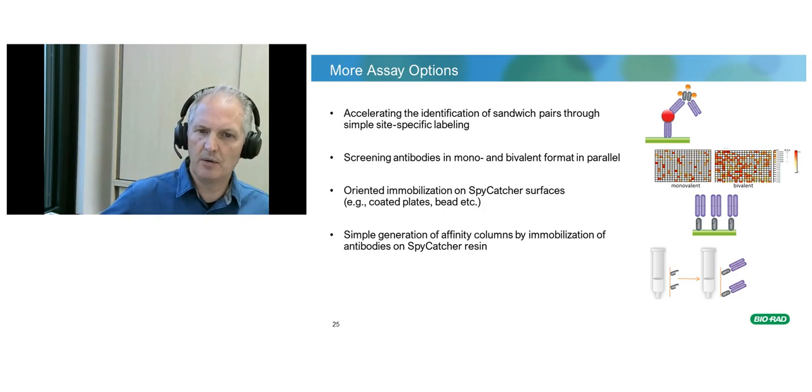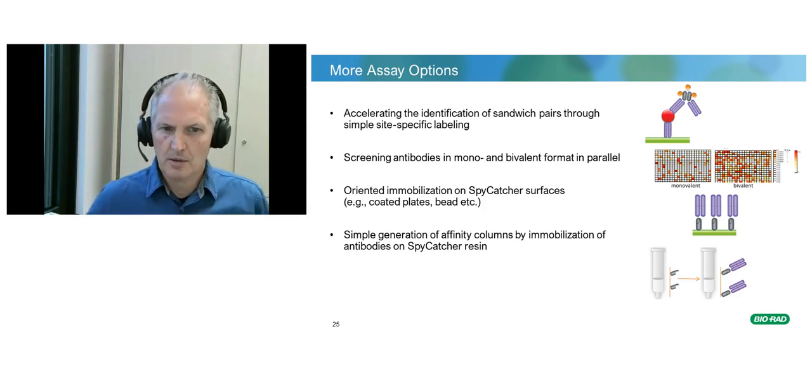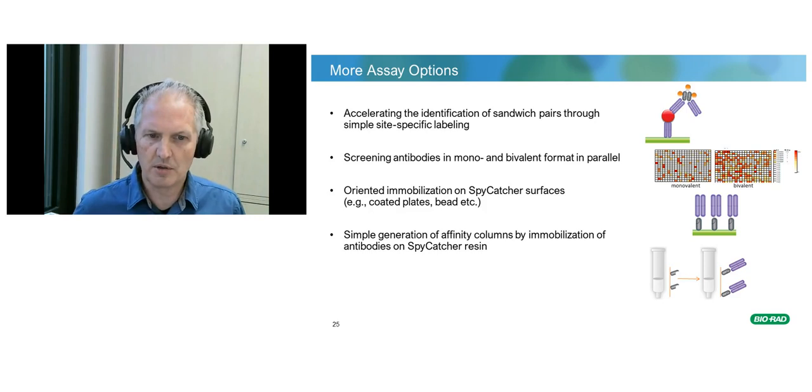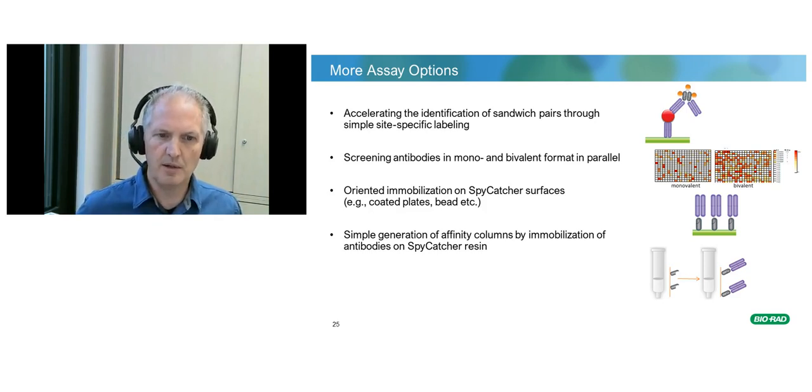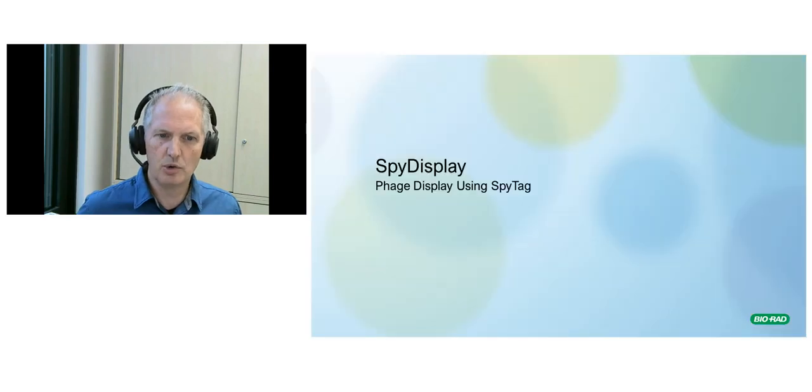You can simply run your SpyTag antibody over the column. It couples to the SpyCatcher and your affinity column is ready. And as I said, there are many more options. Just think about what you need and how you could use it. It's an interesting toolbox.